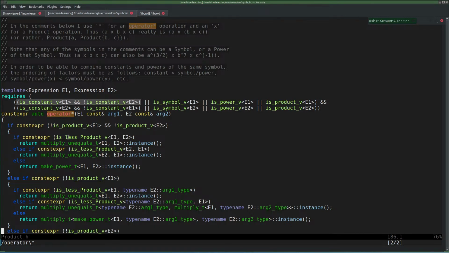So maybe I should use 2 different types. I have a multiply_t now, but maybe should just have two of them. One that is used exclusively for these, and then one that is more, yeah.